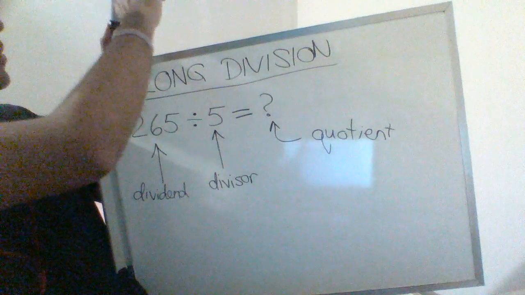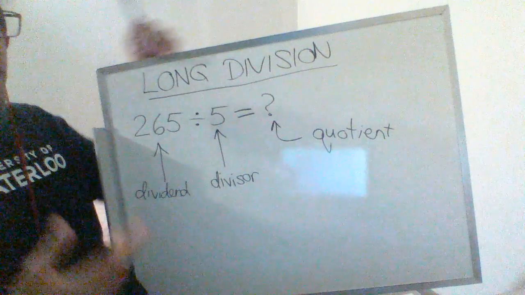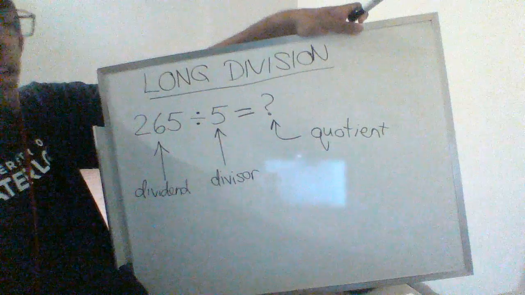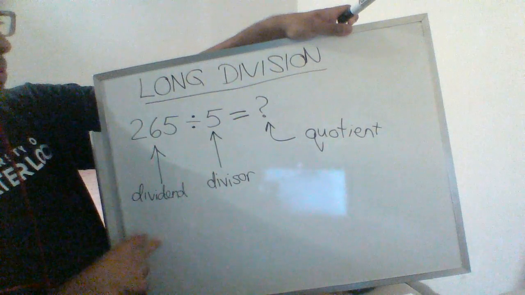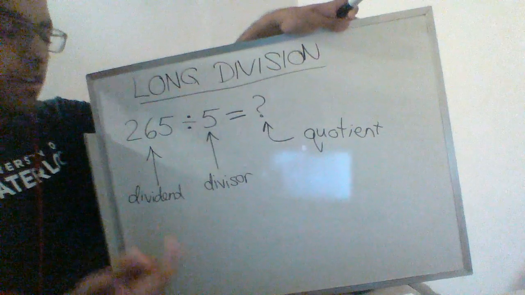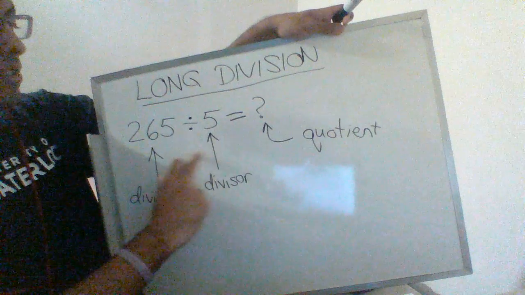Just the way that the sum is the answer to an addition question, the difference is the answer to a subtraction question, and the product is the answer to a multiplication question, the quotient is the answer to a division question. In multiplication, the two numbers you multiply together are called factors. In division, the first one is the dividend and the second one is the divisor.